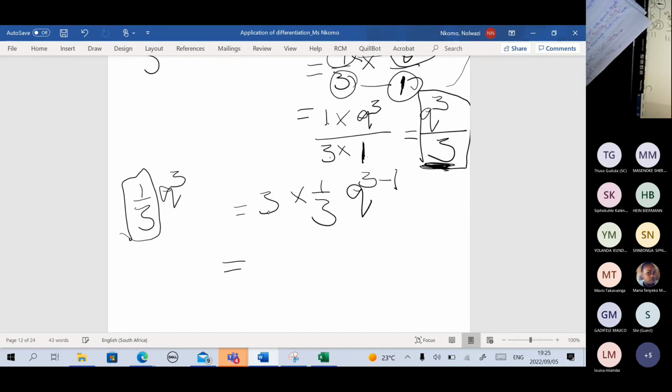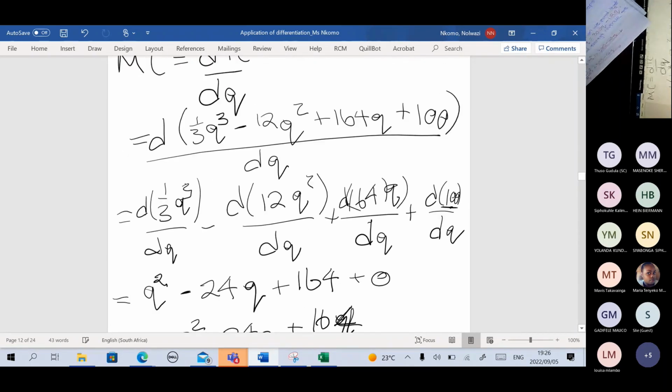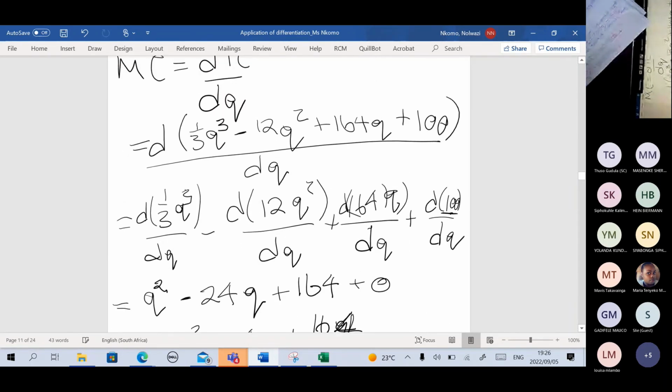So we have 3 times 1 over 3, which is 1, and 3 minus 1 is 2. So we have q squared. After differentiating this, you'll have this, that's why here I have q squared.